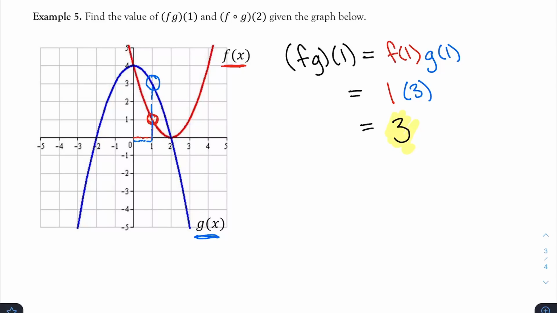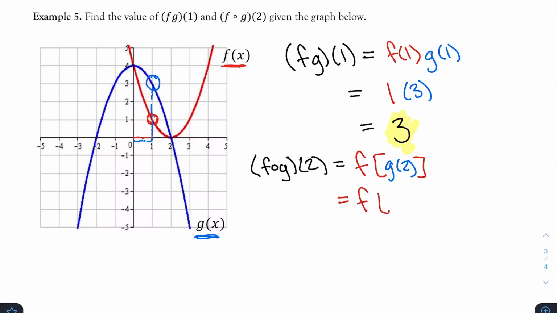For f of g of 2, again, this is not multiplication, but rather composition. I can go ahead and write this as f of g of 2, where g of 2 is on the inside. So, if I work from the inside out, we have to figure out what g of 2 is. G of 2, that means I go, what is my y value when x is 2?